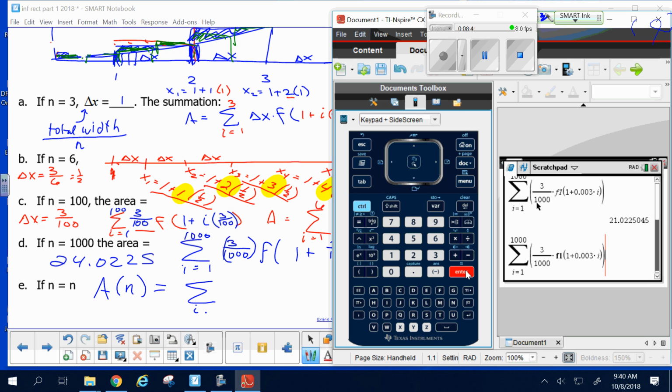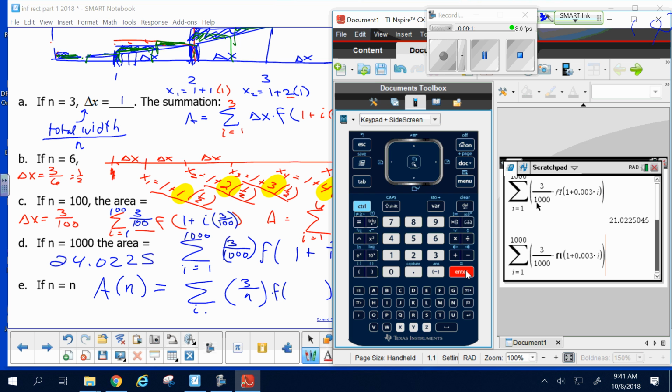Now, generally speaking, if n rectangles, what's the base of each? Based on any number of rectangles, what's the base? 3 over n. 3 divided by however many rectangles you want. Times the heights.